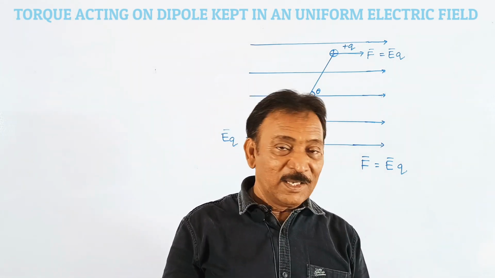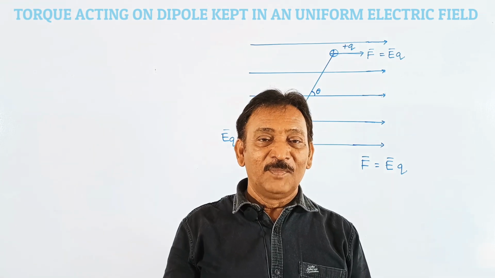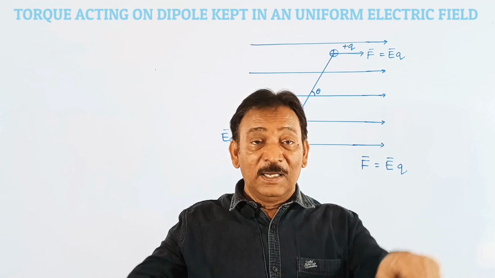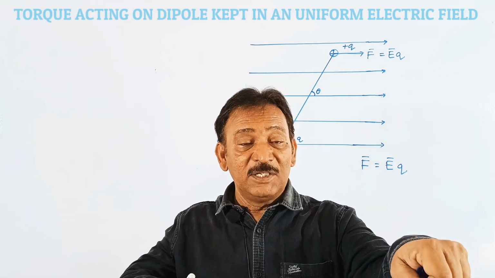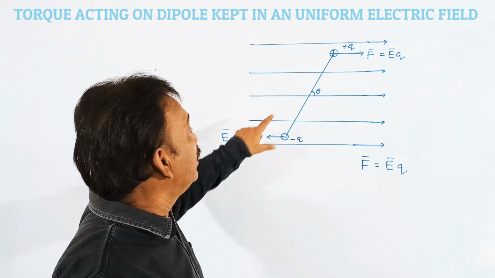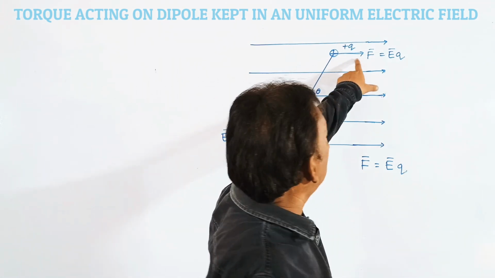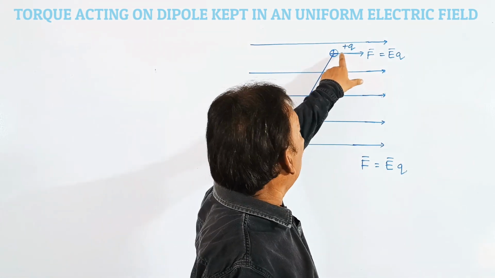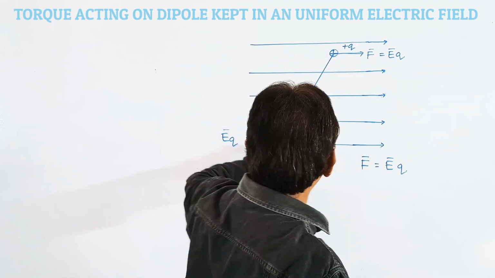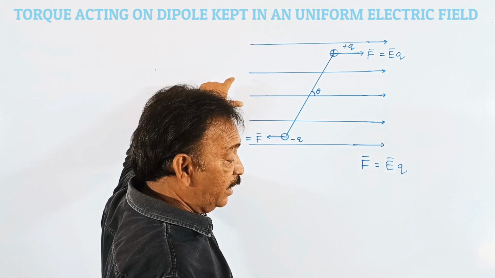Churning of milk is one example of a couple, and turning the handle of a bike is a couple. One force acts in this way, another in this direction. The same thing is happening here. One force is trying to rotate this dipole along this direction, and the other is in the opposite direction.